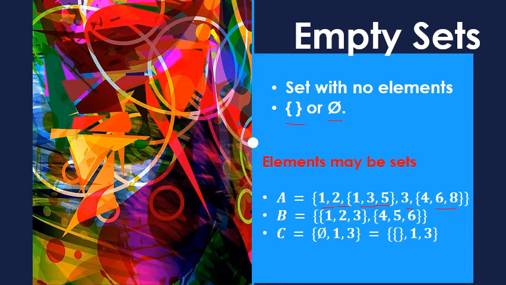So A has 5 elements. For set B, we have element {1, 2, 3} as a set, and {4, 5, 6}, which is also a set. So set B has 2 elements. Then set C, we have null, we have 1, and we have 3, so it has 3 elements.